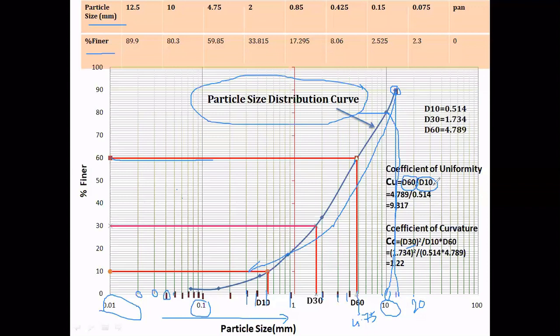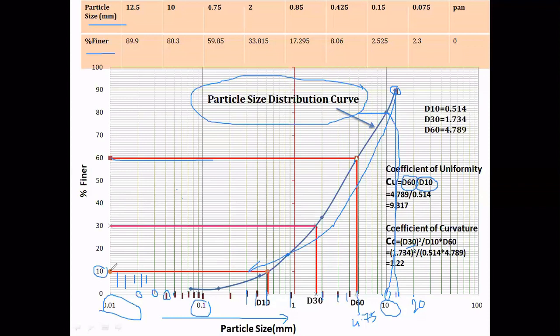Now how to find out this d10, d30 and d60? So let's start with this. First for d10. D10 is effective size, effective diameter, or 10% of the particles are finer than the stated size. Okay, so how to calculate d10? So on the y-axis there is 10.